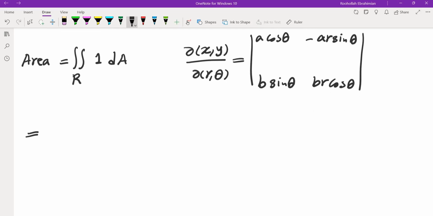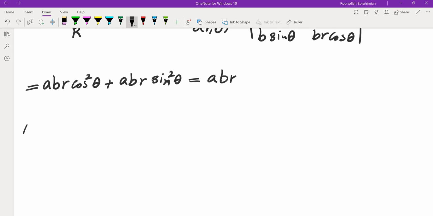So when I evaluate this, this is going to be a b r cosine squared theta plus a b r sine squared of theta. So factoring a b r, we get a b r times cosine squared plus sine squared, which is just a b r. And since a and b and r are positive, I don't really need the absolute value.